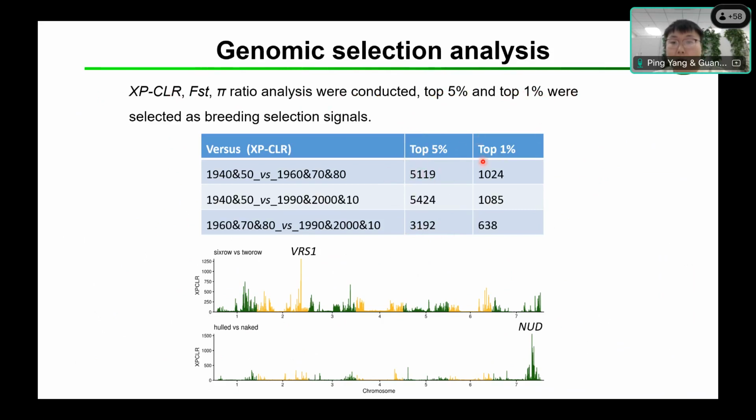And when the top 1% was used as the threshold, 600 to 1,000 selected loci were identified. The two examples of WOS1 and NUD showed the reliability of our genotype data. WOS1 can be detected in 6-row barley versus 2-row barley, and the NUD locus was detected in hulled barley versus naked barley.